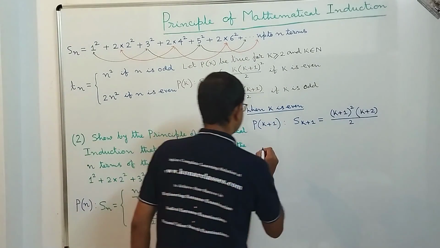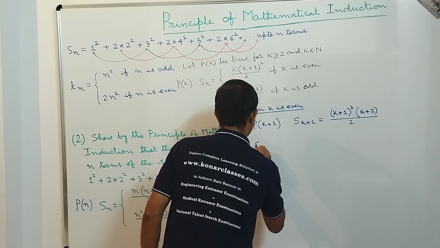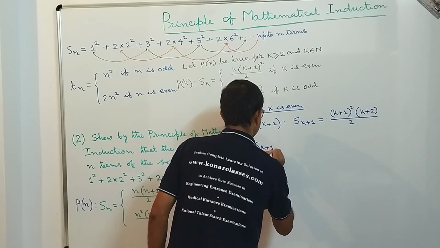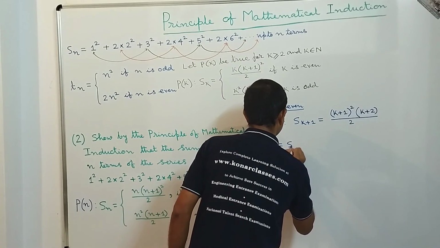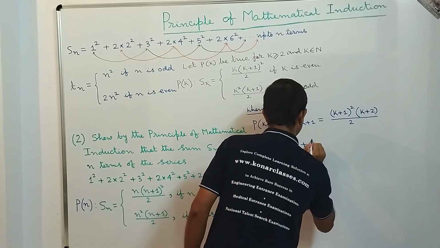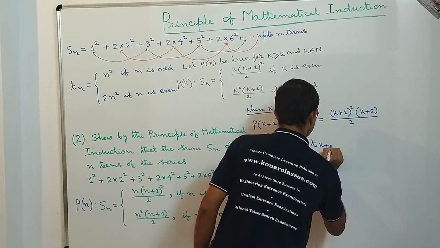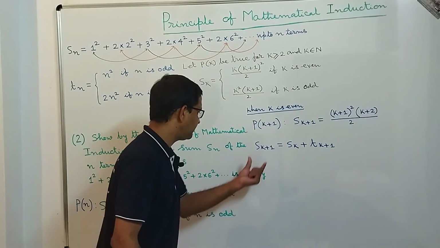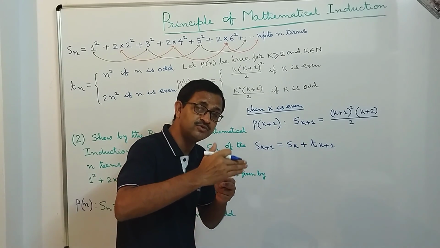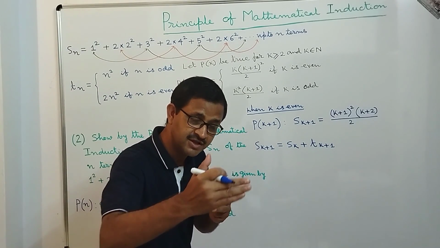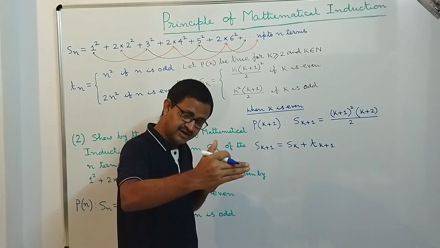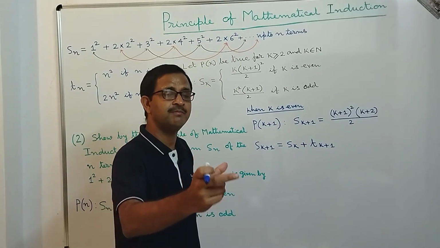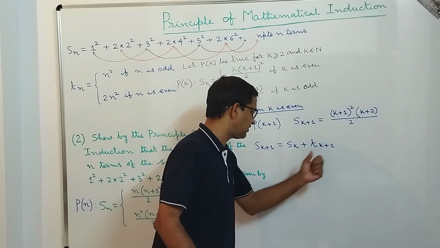So let's see what is Sk plus 1. Sk plus 1 should be equal to Sk plus tk plus 1. What is Sk plus 1? The sum up to the first k plus 1 terms. That means the sum up to the first k terms plus the (k plus 1)th term, that is tk plus 1.